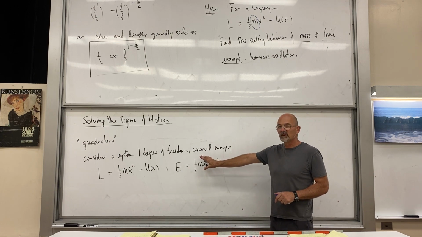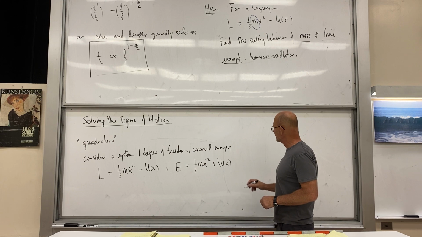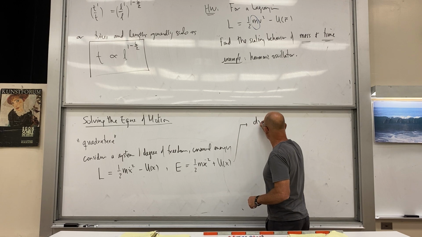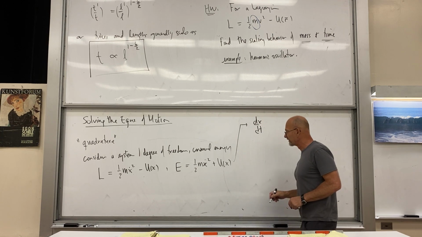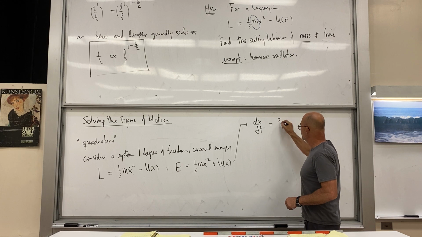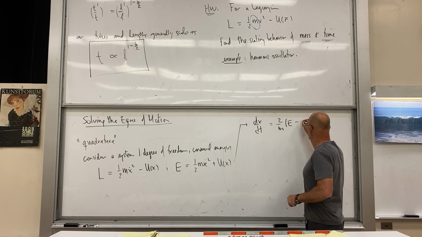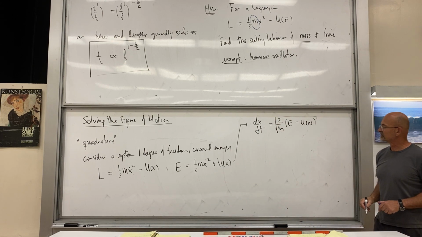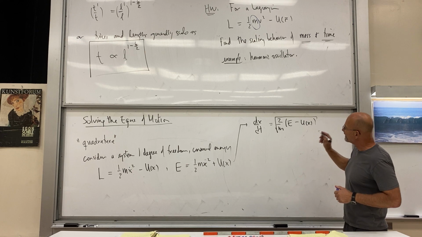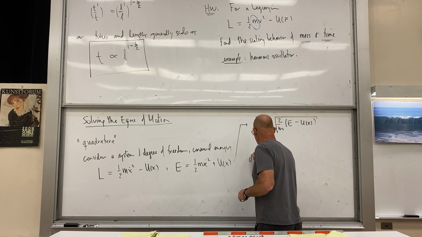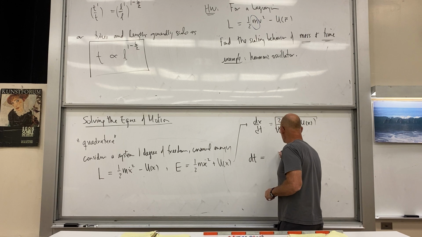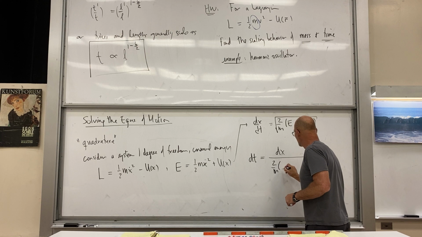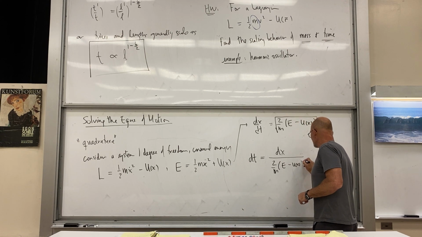Okay, so how do we solve one of these in the most general sense? What we do is we isolate the dx over dt, so that's the square root of 2 over m times (E minus U of x). Okay, so that's dx over dt, that's velocity. And then we separate variables. So then we can say dt is equal to dx divided by the square root of 2 over m times (E minus U of x).